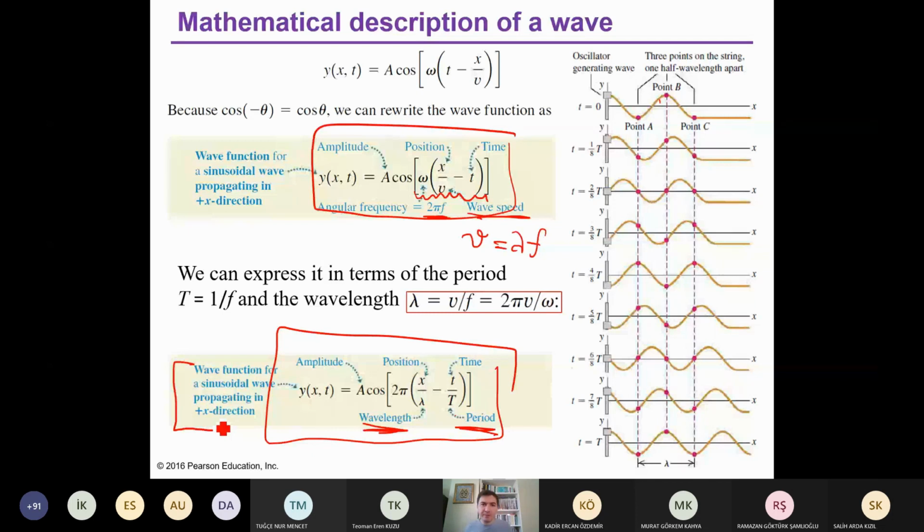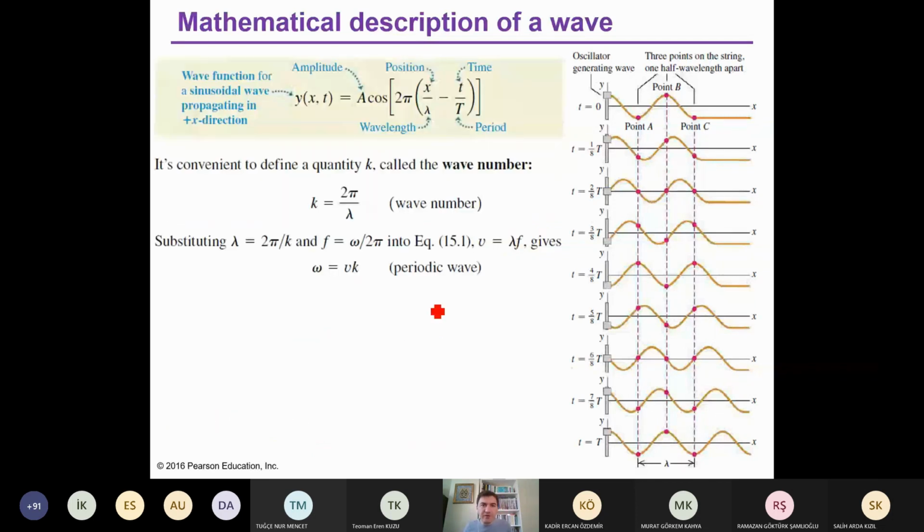Let me continue. Here we have 2 pi over lambda. You see, 2 pi over lambda. Instead of 2 pi over lambda, I can use the wave number. k is the wave number and can be written as 2 pi over lambda. Okay, then you can rearrange this cosine function, and you can also write this one like this.